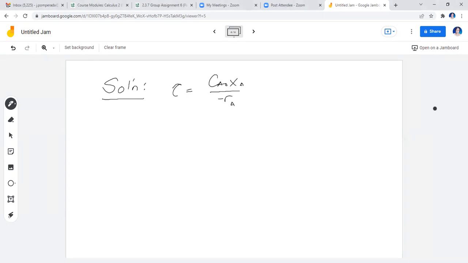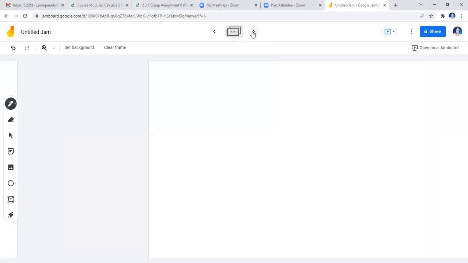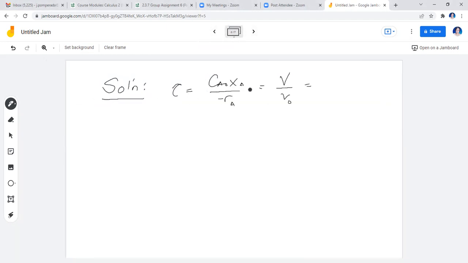Now, this tau is V over V sub O. Now, this CAO XA can be expressed in terms of what, based on the given? So I'll go back to the given. The amount reacted could be expressed in terms of CAO minus CA.